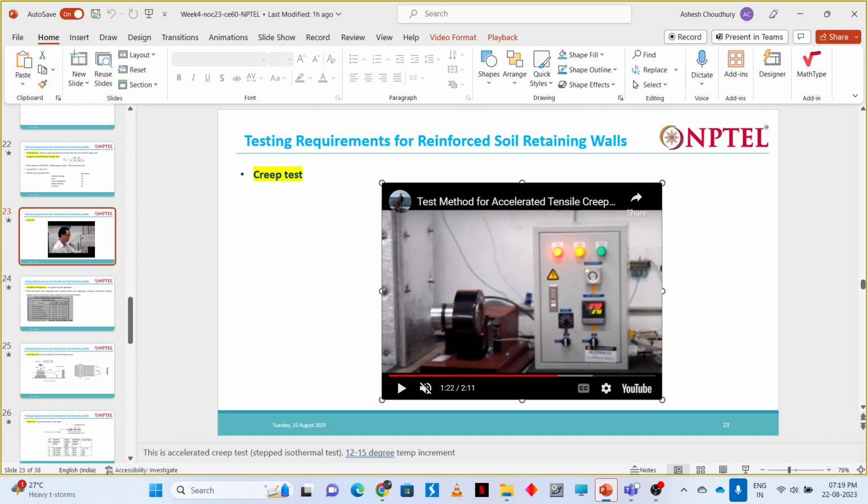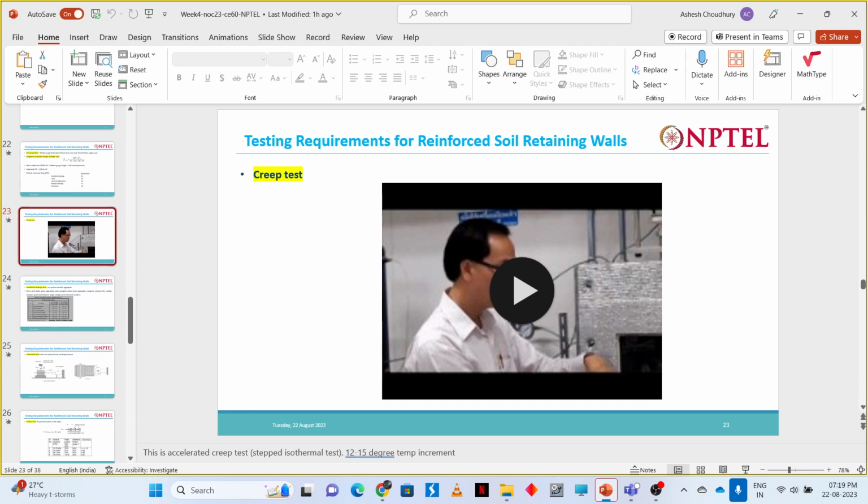Here you can see the thermal blower, which maintains the temperature inside. At intervals of 12 to 15 degrees we do this creep test, and then we can extrapolate these test results to get the creep behavior at any amount of time. This way we do accelerated creep testing.